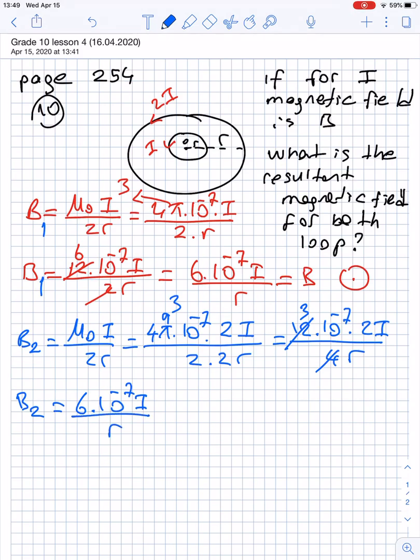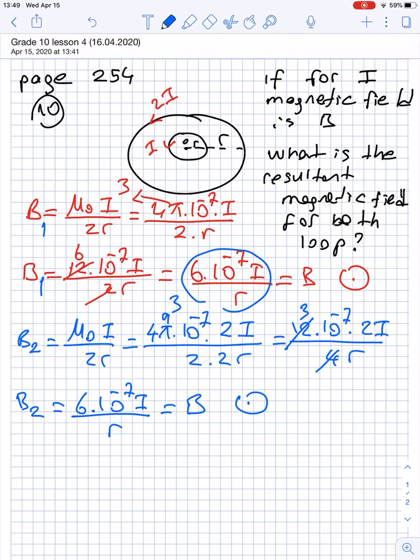Okay, when I check B1, 6 times 10 to the minus 7 I over R is B. This is also the same result. It is also B. And when I check the direction, the currents for the first loop and the second loop are moving in the same direction. My thumb shows out of the page, and the symbol is this one.